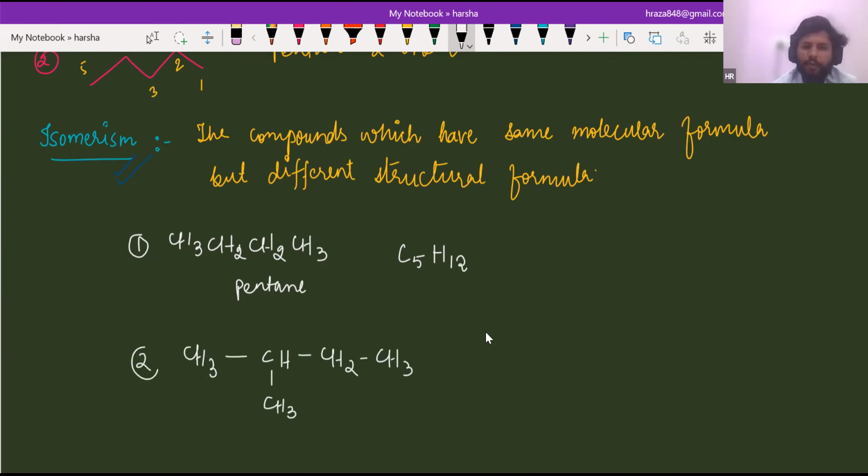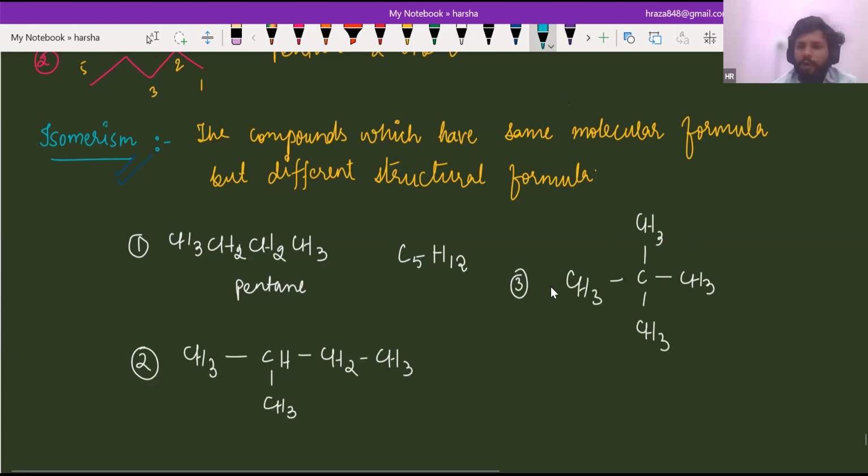I can write in more than two ways. If you count the carbons, it is 5. If you count the hydrogens, it's 12. Again, this is also C5H12.